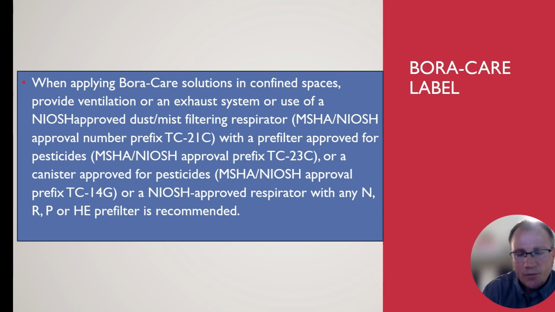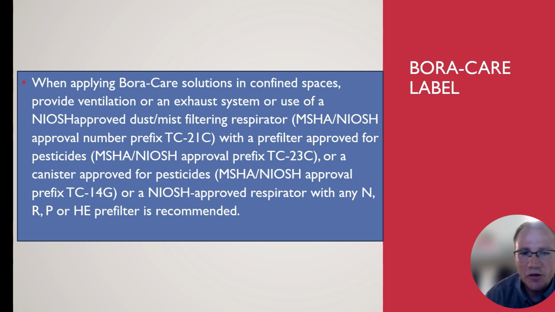So obviously when you're working in a crawl space, you're actually going to be applying BoraCare in a confined space. So as we look at the label as it relates to that, we need to make sure you provide ventilation or an exhaust system or use of a NIOSH approved dust mist filtering respirator. This would be MSHA/NIOSH approval number prefix TC-21C.